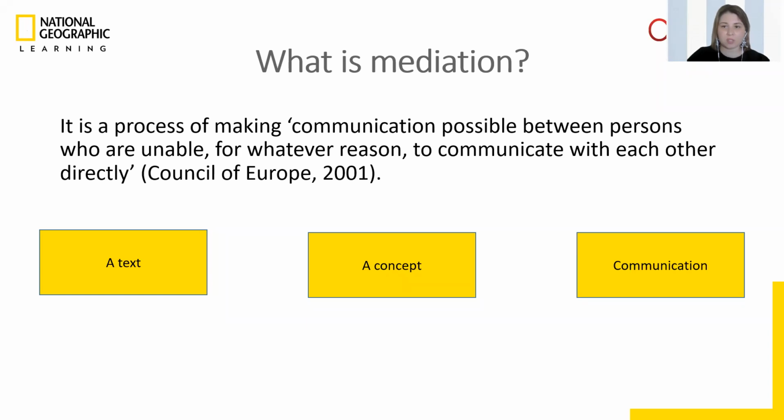If we get back to the previous slide with the definition, communication between persons is impossible because they are unable, for whatever reason, to communicate with each other directly. I would like to hear from you: can you please share your ideas? Why do you think people may be unable to communicate directly?